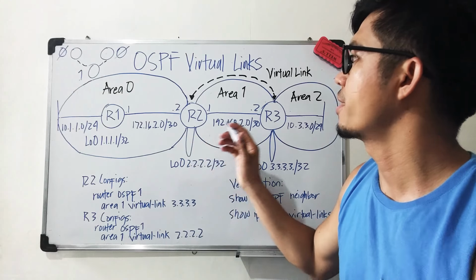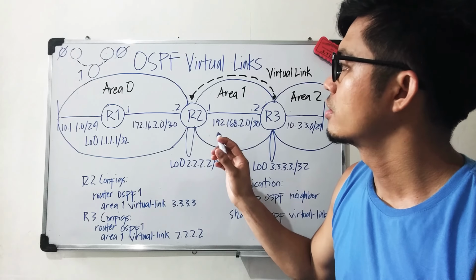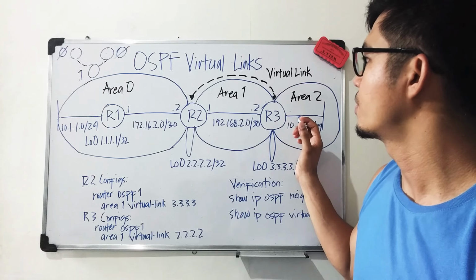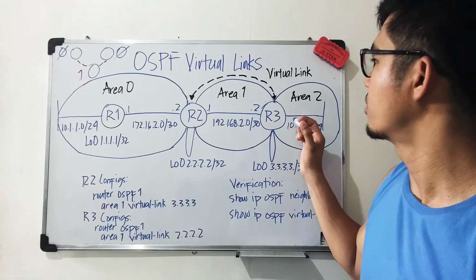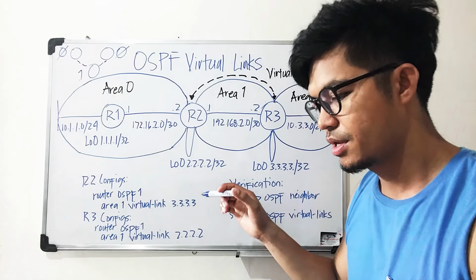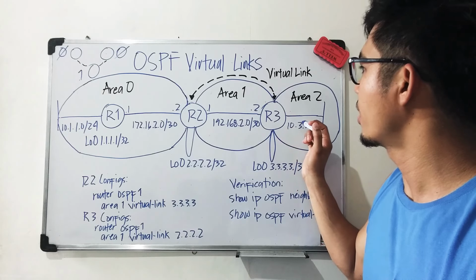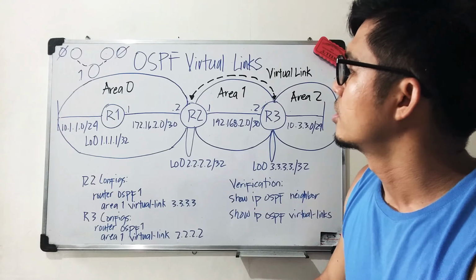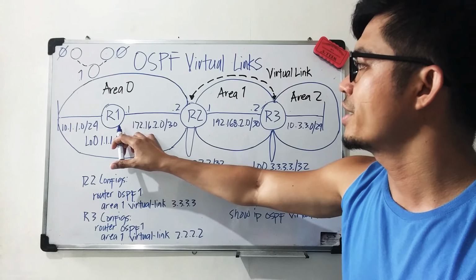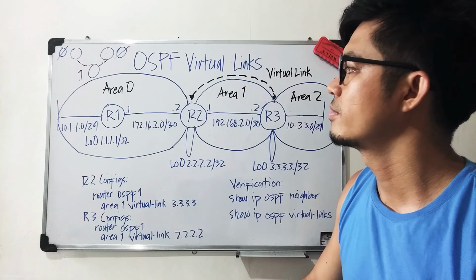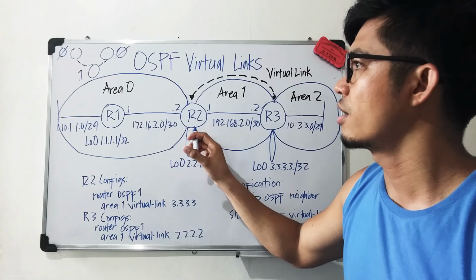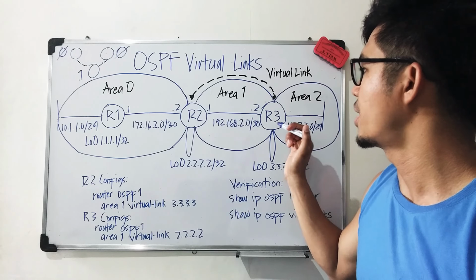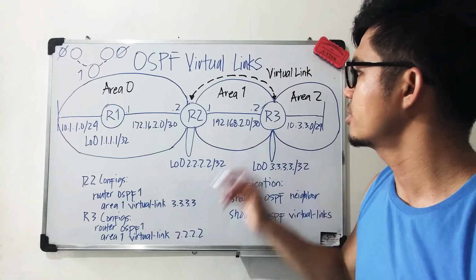But let's talk about this kind of scenario here. Like I said earlier, this is not allowed because area 2 is disconnected from area 0, so area 2 has to be connected to area 0. You have R1 as your internal router, R2 as an ABR (area border router), and R3 also an ABR.